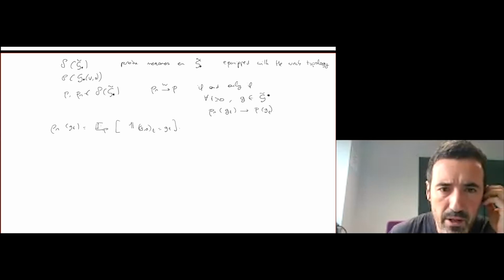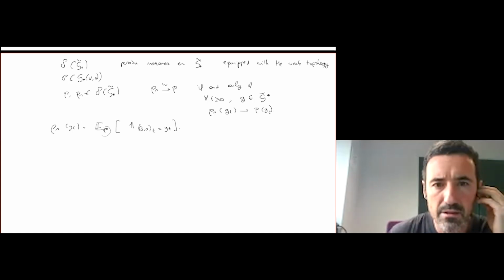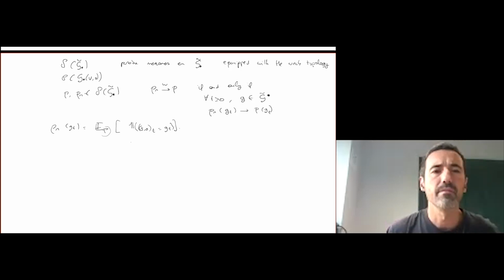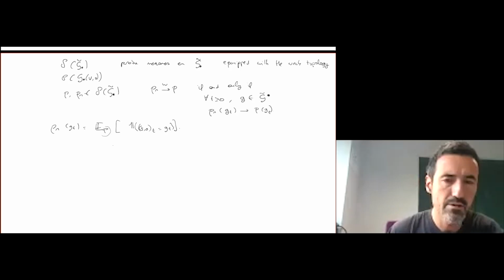When I write expectation, I will write the corresponding probability measure here, and a canonical sample of the rooted graph will always be denoted by G. So this is the notation.